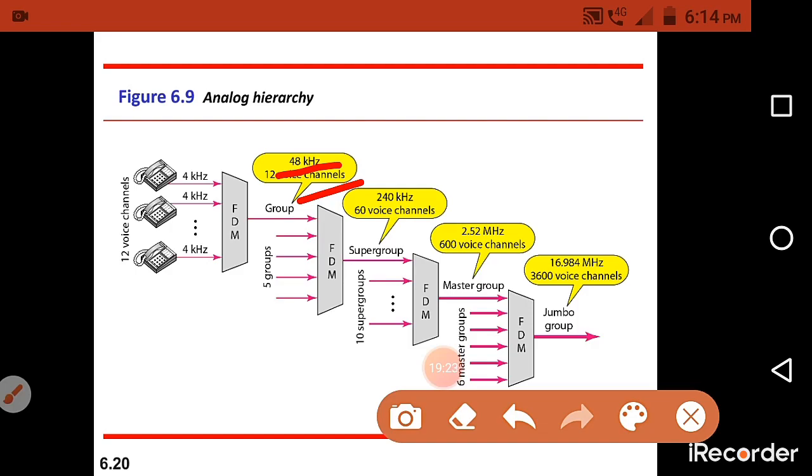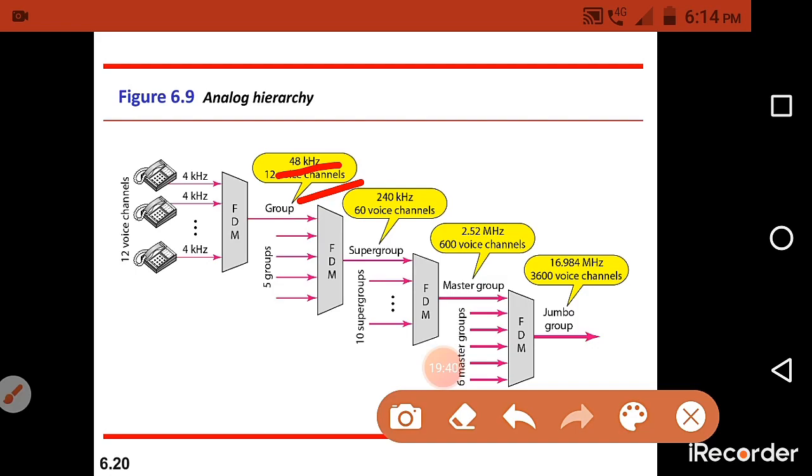Again that group is an input to another frequency division multiplexing, okay. There are 5 groups present, and these 5 groups are input to the next FDM, frequency division multiplexing, okay.